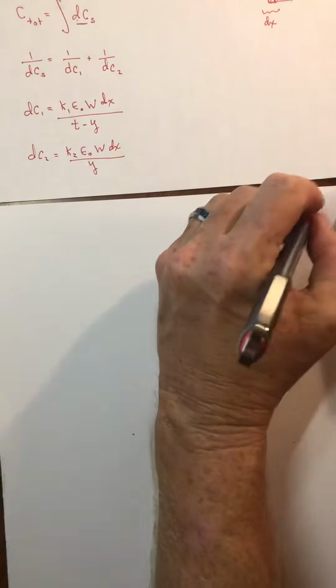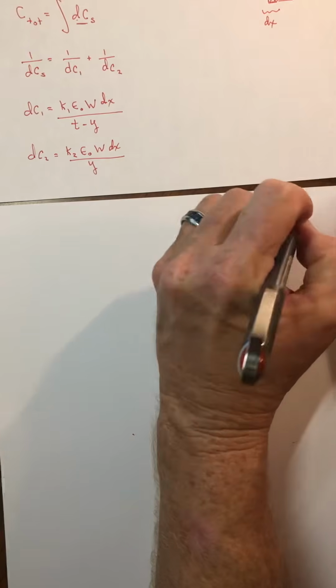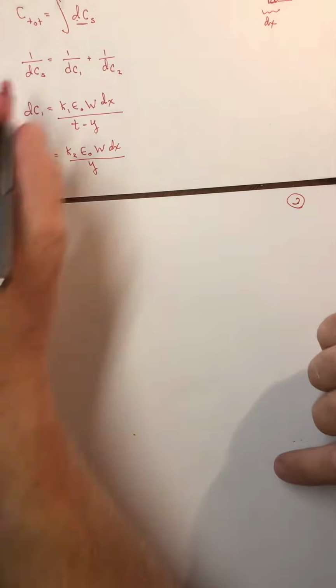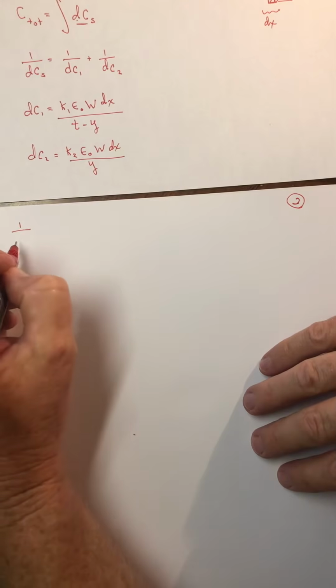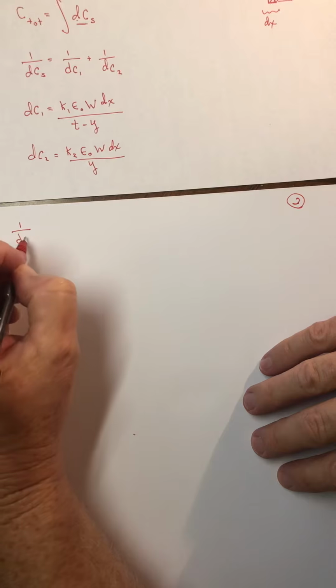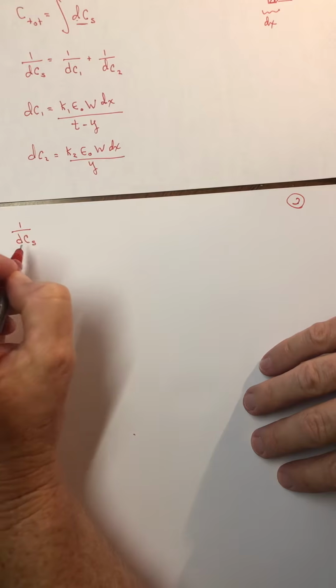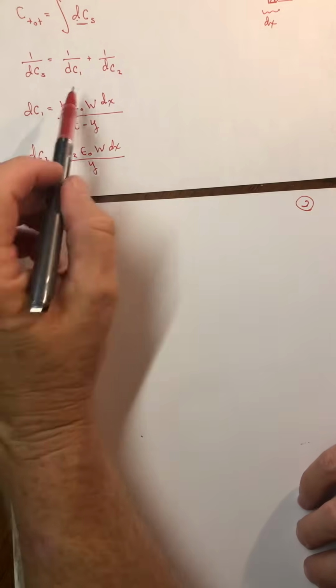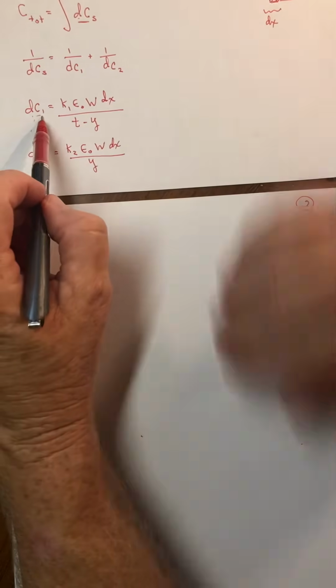Maybe that one's so obvious I don't need to number it. But I have a feeling this is going to take quite a few pages, and I will probably want to come back and forth. So let's keep going, because now I write 1 over the microscopic capacitance in series. The first one is the reciprocal of C1.